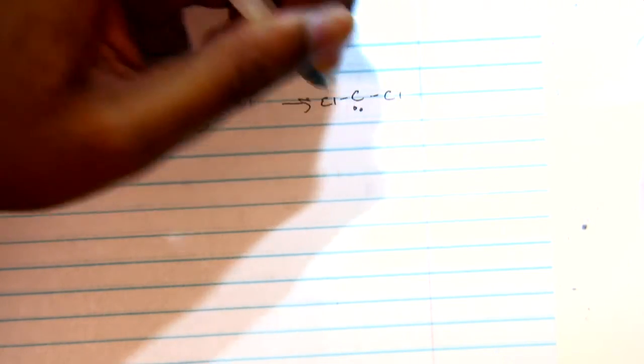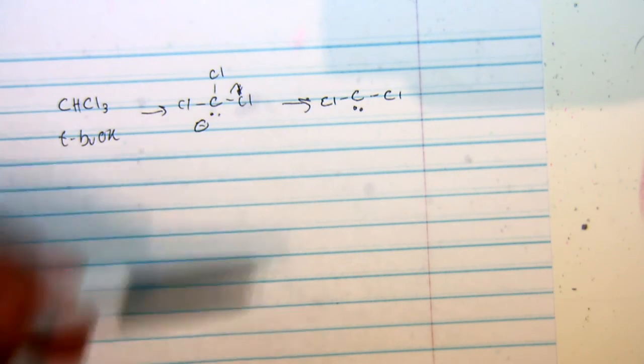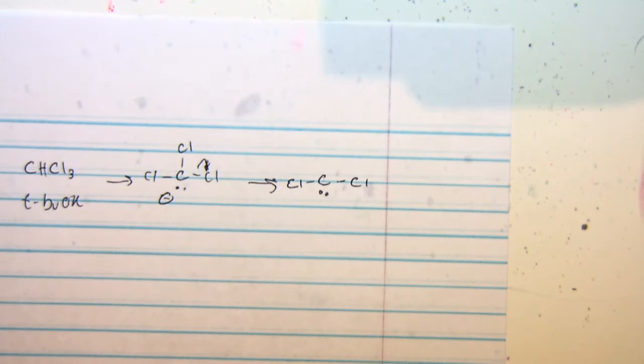After that, it's going to eject a chlorine because it does not want to stay negative. Then we finally make our reagent, which would be a carbon with Cl and Cl. So that whole process is just forming this reagent. Does that make sense?